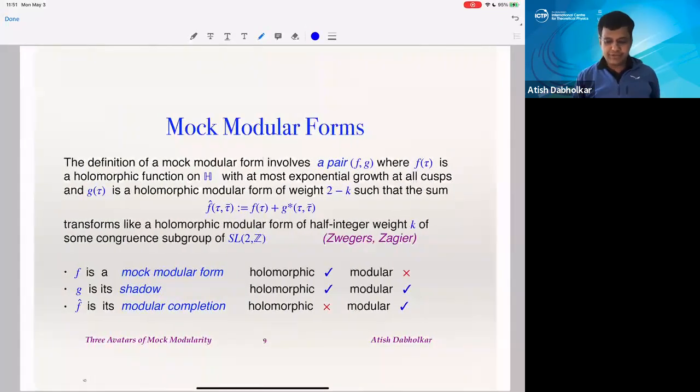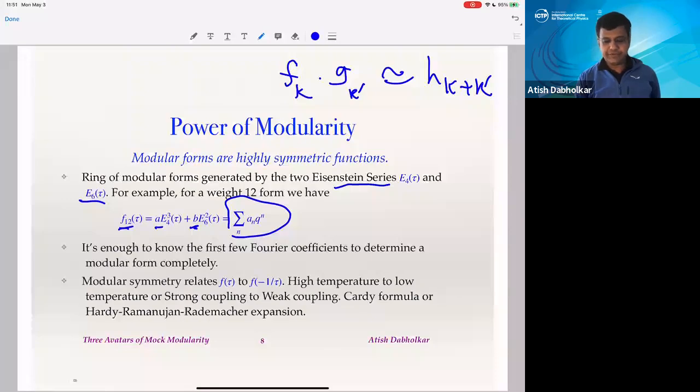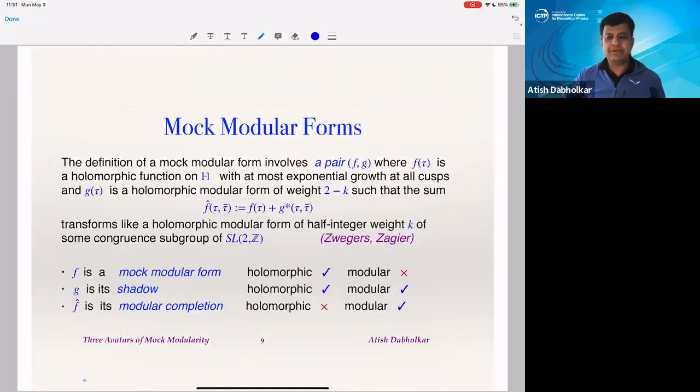So now, having given you a brief summary of modular forms, let me tell you what mock modular forms are, because it's a notion that has been talked about. Let me just give you the simplest definition. You can add more bells and whistles, but a definition of a mock modular form involves a pair f and g.